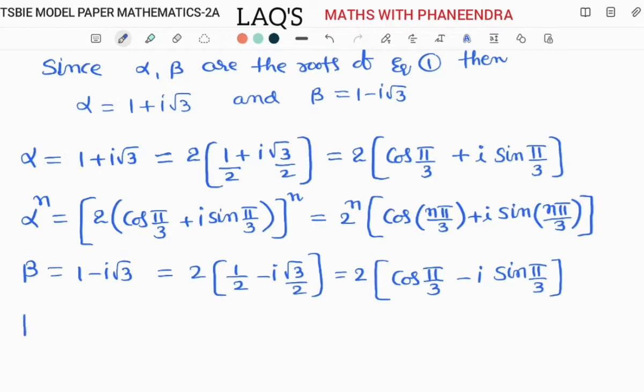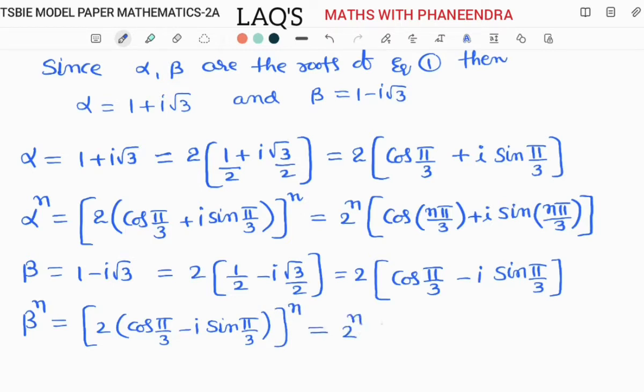Again we need to calculate the value of beta power n. So 2 into cos pi by 3 minus i sin pi by 3 whole power n, which is equal to 2 power n cos n pi by 3 minus i sin n pi by 3.